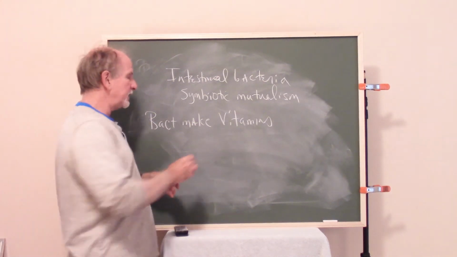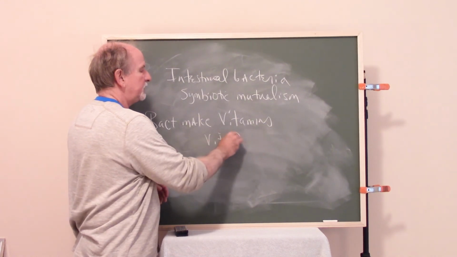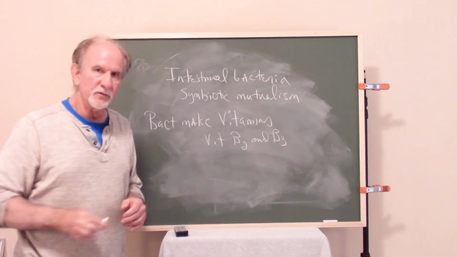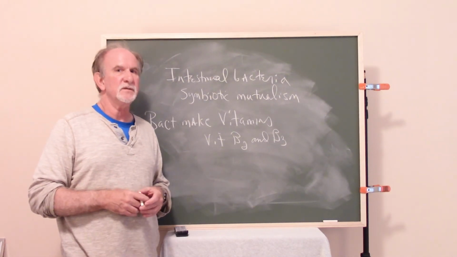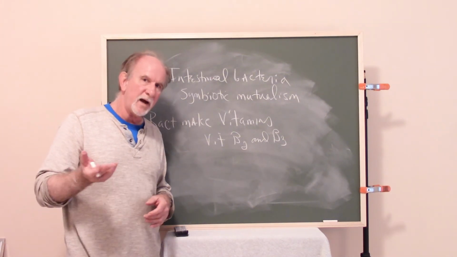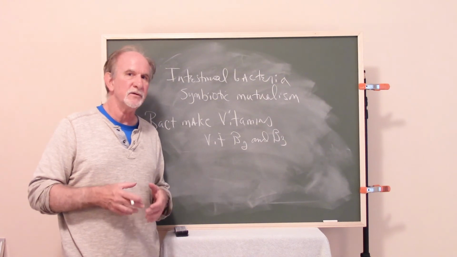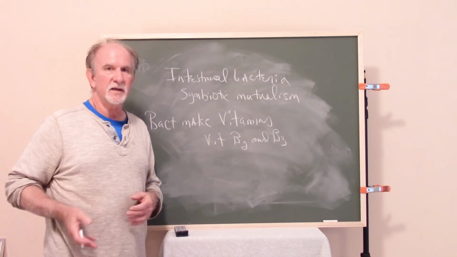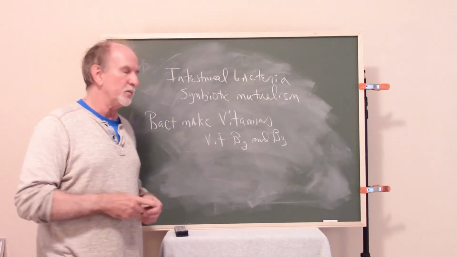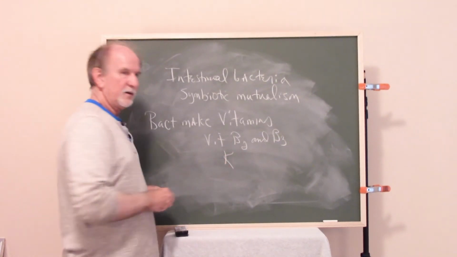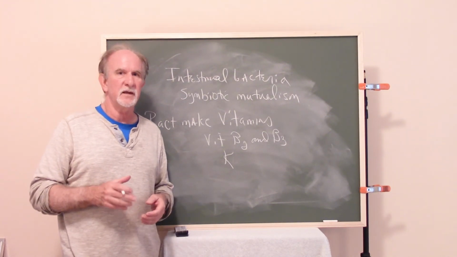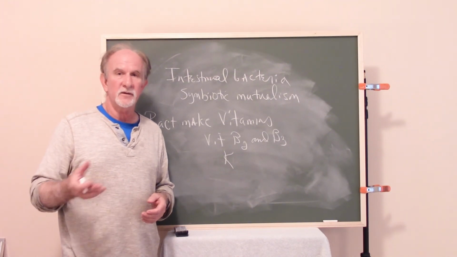First of all, vitamins B2 and B3, sometimes referred to as energy-giving vitamins because they are necessary for reactions that occur during cellular respiration to make ATP. Another vitamin made by intestinal bacteria that's available to our bodies would be vitamin K, and that's a vitamin associated with prothrombin synthesis and clotting.